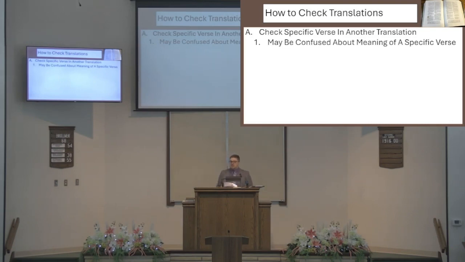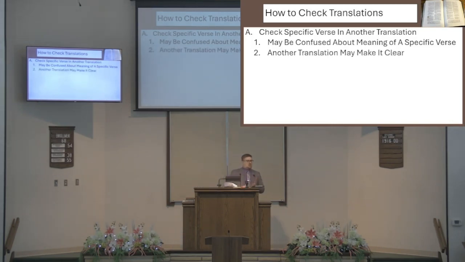We're reading a passage and maybe we're confused by that specific verse's meaning. And then maybe I look around at the context and I'm trying to apply all those other principles we've talked about, and then I'm still confused. But then I may pick up another translation. Maybe I'm reading from the New King James, and I'm still a little confused with what it's saying, but I pick up an ESV, and that passage translates it in a way that makes it more clear.